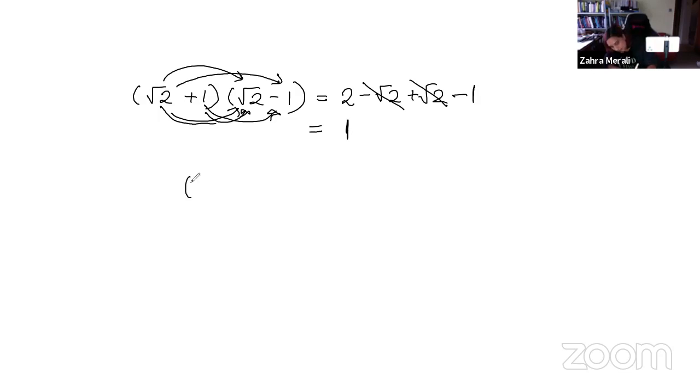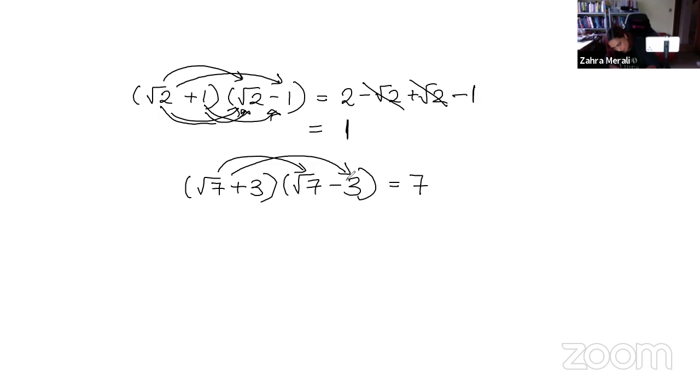So let me take another one. Let's say root 7 plus 3 multiplied by root 7 minus 3. We're going to have root 7 times root 7, which is going to give us 7. We're going to have root 7 times minus 3, which is going to give us minus 3 lots of root 7.